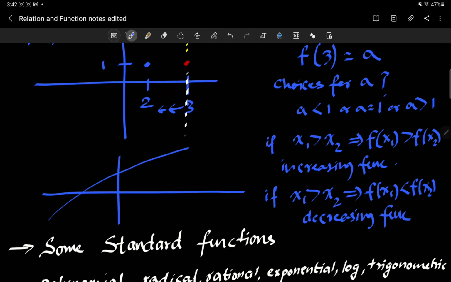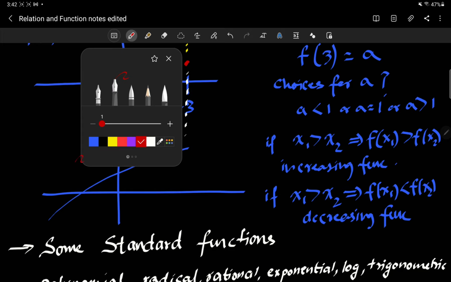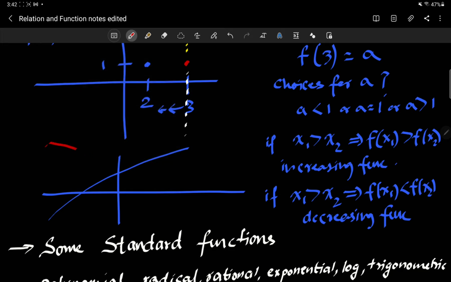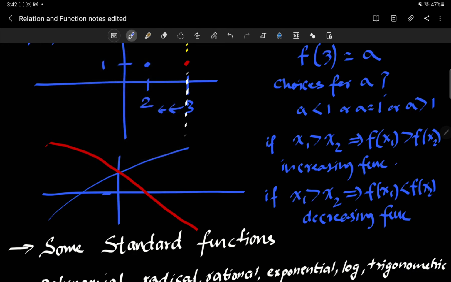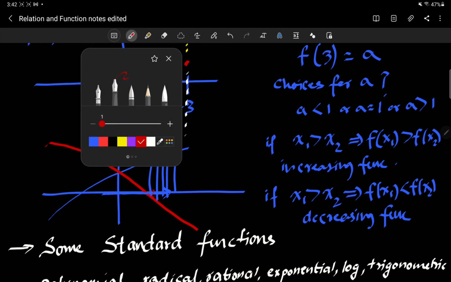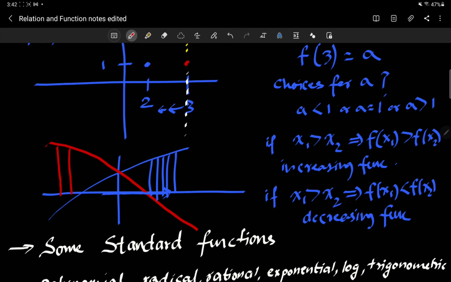Okay, so this blue function is increasing, whereas this red function is decreasing. How do I see that? If you go along this x-axis, the output, which is the height, keeps on increasing. Whereas if I go along the x-axis here, then this height keeps on decreasing.